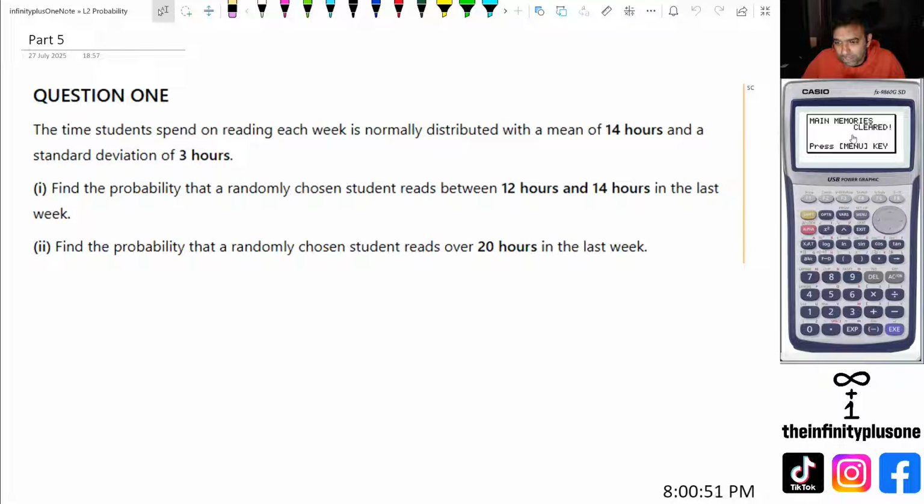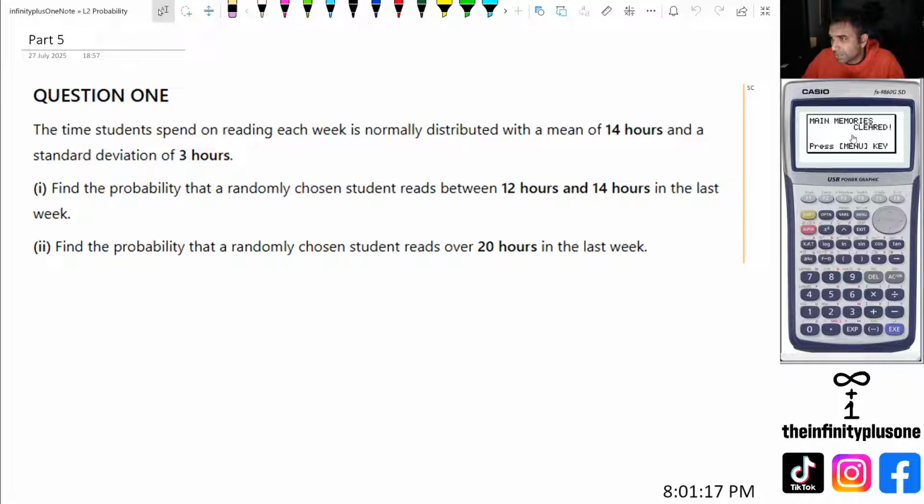Once we finish the 8 questions, we'll be done for today, and then tomorrow we'll start looking at some of the trickier normal distribution questions. These are variants of exam questions, so I've taken past exam questions and rewritten them into Casio ones.